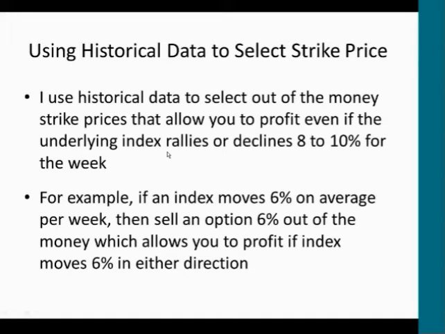So, for example, if an index moves 6% per week on average, then you want to sell an option that's 6% out of the money, and that allows you to profit if the index makes that 6% move in either direction. So by selling the out of the money calls, you're allowing that index to move quite a bit, and you'll still be profitable whether it moves up or down.